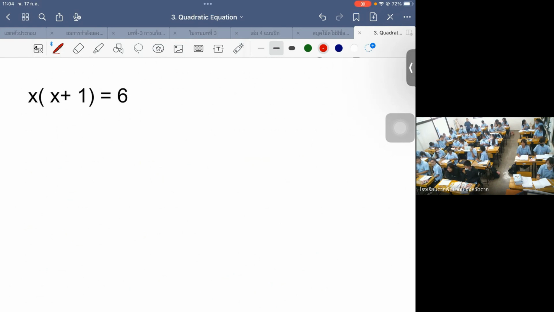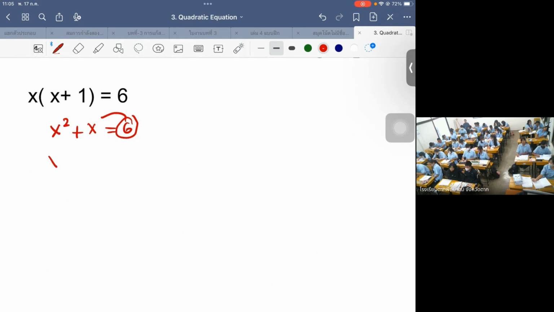All right, let's answer. So first step is we need to multiply the factors. So we have x squared and then plus x is equal to 6. So this is not a quadratic equation, right? So you need to process the transpose.